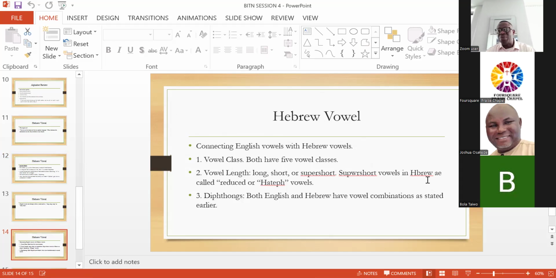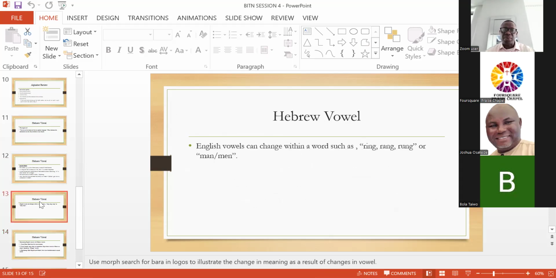Super short vowels in Hebrew are called reduced or half vowels. Remember, we talked about combination of 2 vowels in English. The same thing also happens in Hebrew. The same combinations are also possible in Hebrew.